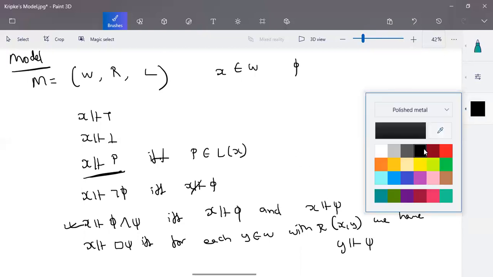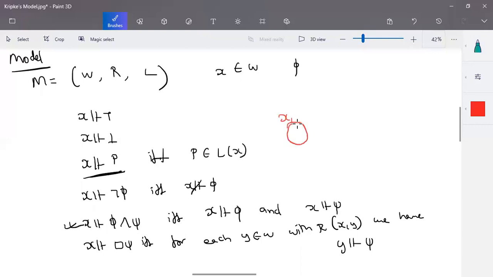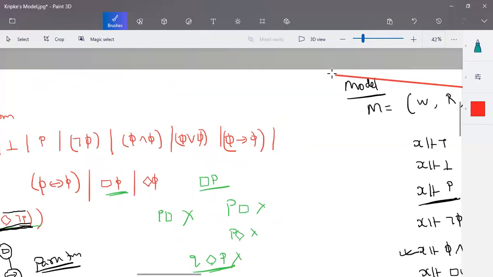Let us take one simple example to understand this criteria. I take this as my world. I have P here, P comma Q here. I have a relationship like this. Now this is your label. Your world actually consists of X and X2, and your relationship says that you have a relationship.